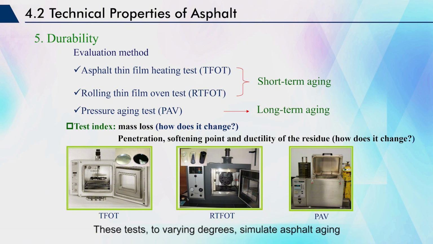This test, to varying degrees, simulates asphalt aging. We compare the changes of asphalt mass, penetration, softening point, and ductility before and after the aging test to evaluate the durability of asphalt.